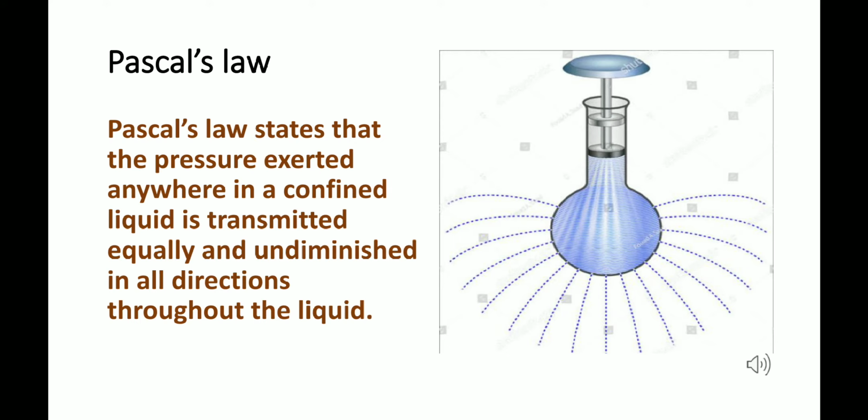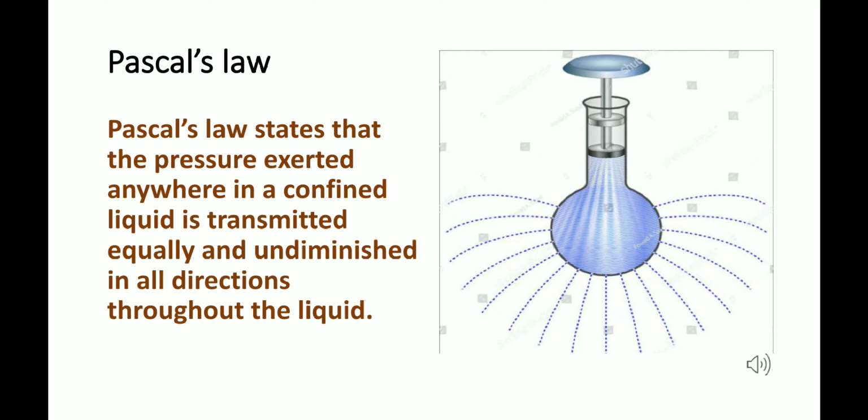Now, what is Pascal's law saying? Pascal's law is saying that pressure exerted anywhere in a confined liquid. So, this liquid which has been filled inside is confined. It cannot flow, it cannot move here and there. So, it is having small holes inside, and a liquid has been filled in and it is confined in this.